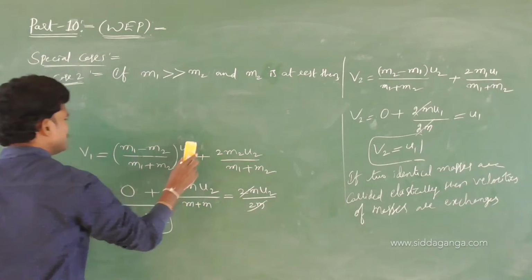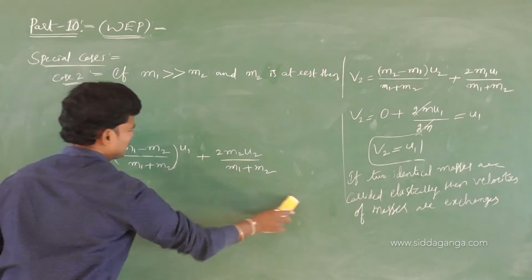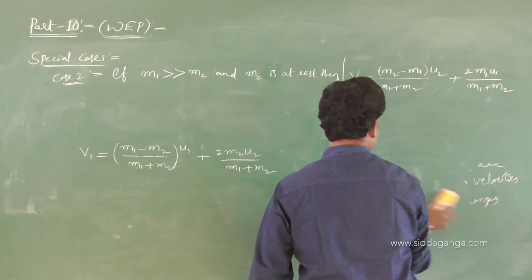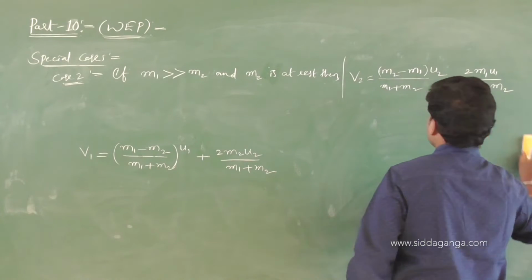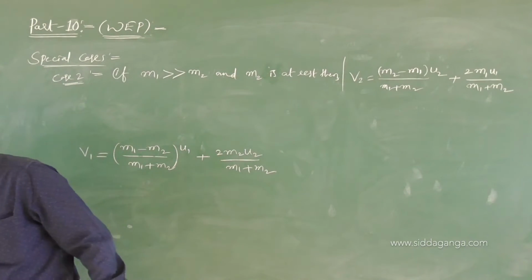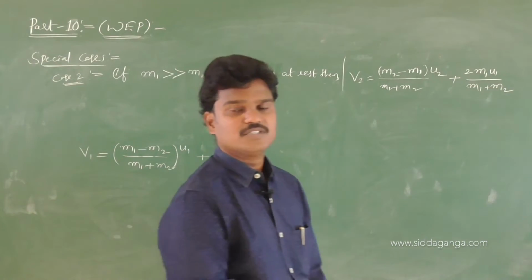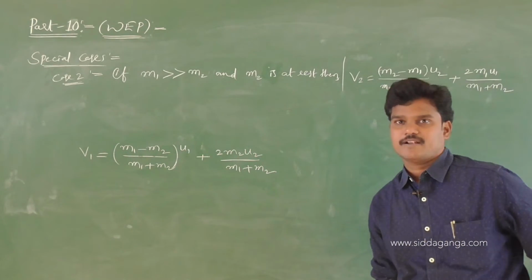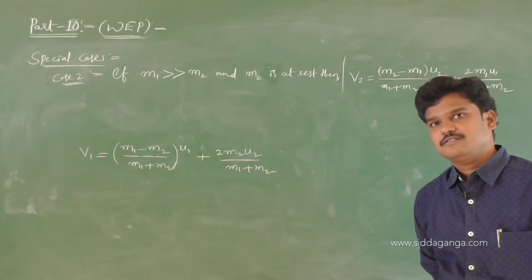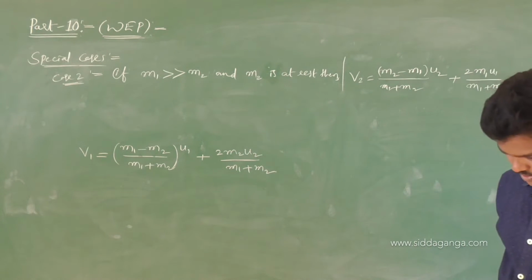So find the v1 value and v2 value. The given condition is m1 is much greater than m2, such that the second particle is at rest. Then what is the final velocity of the first particle and what is the final velocity of the second particle?